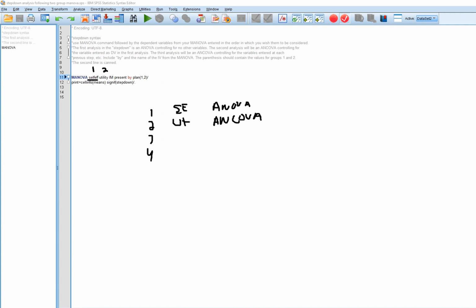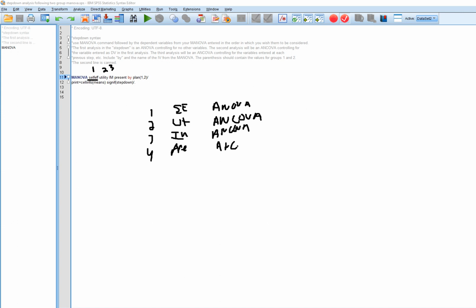Step 3 would be intrinsic motivation, and that would be an ANCOVA, looking at group differences on intrinsic motivation, controlling for both self-efficacy and perceived utility. And then at step 4, no surprises, it's going to be present orientation. It would be an ANCOVA, controlling for the previous 3 dependent variables.